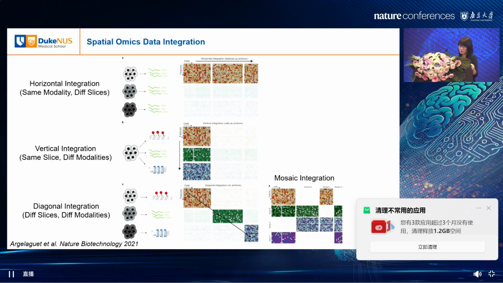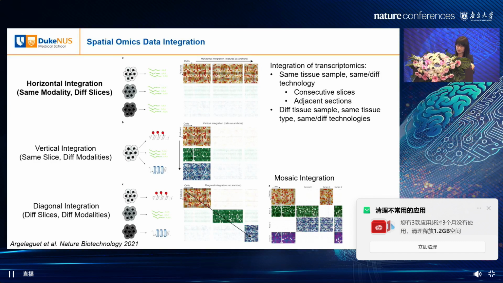The second type is called vertical integration, where the data comes from the same tissue slides, but multiple omics modalities are acquired, such as transcriptomics, proteomics and epigenomics. The last two types are diagonal integration or mosaic integration, which integrate the data across sections and across modalities. Different slides have different modality compositions.